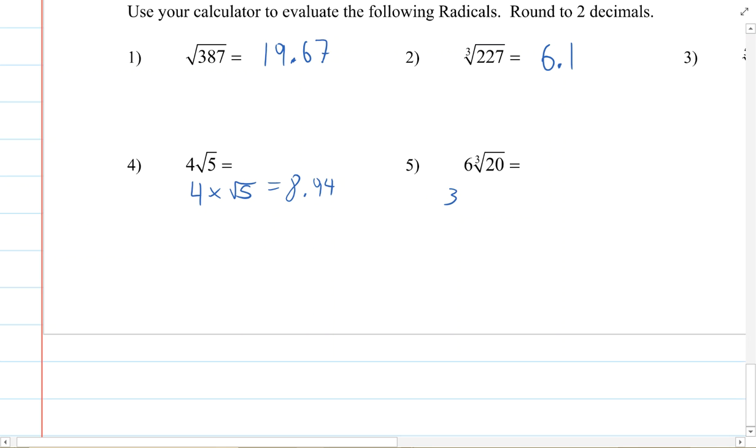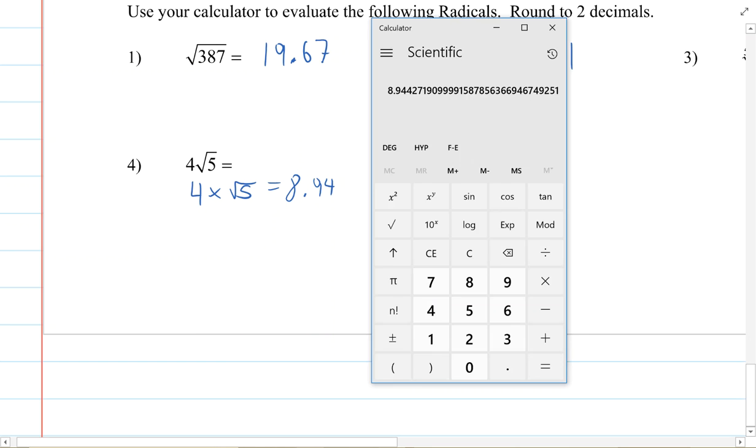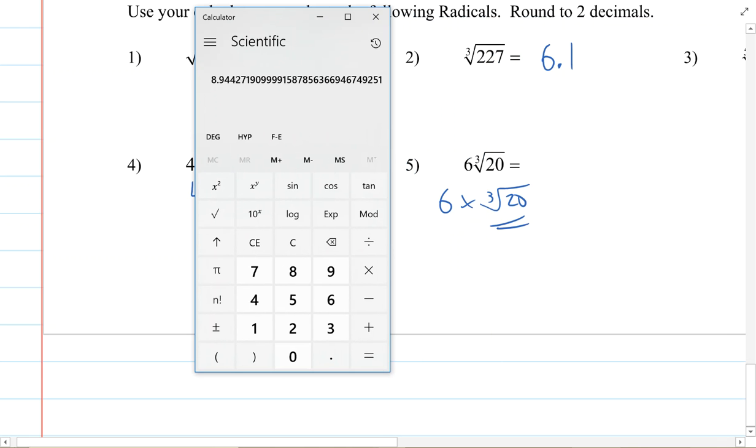So this would be 6 times cube root of 20. So we got to find this answer first and then multiply. Otherwise, you can get some weird things happening if you're not careful. So it's always best to find that first. I press equals to find that answer. Then I times it by 6. And get 16.28.